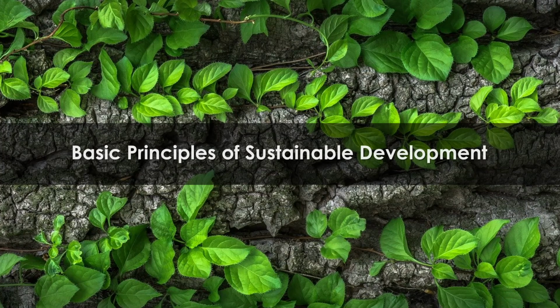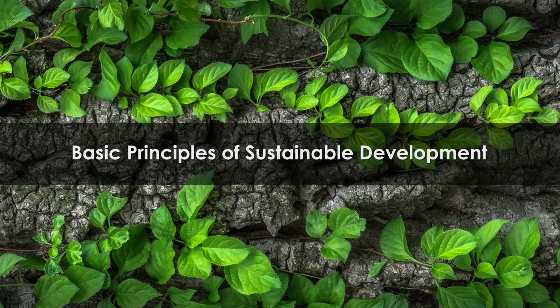The definition may have some limitations, but the reality is that we need to bring a way of development that maintains the balance between environment and society. So, what are the basic principles of sustainable development?